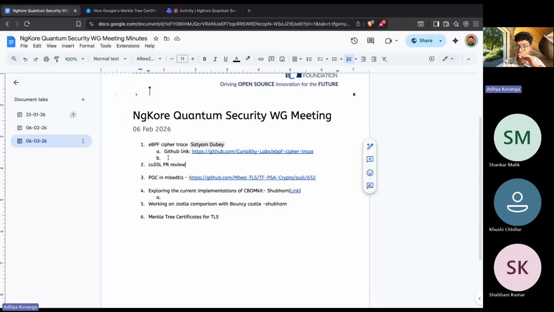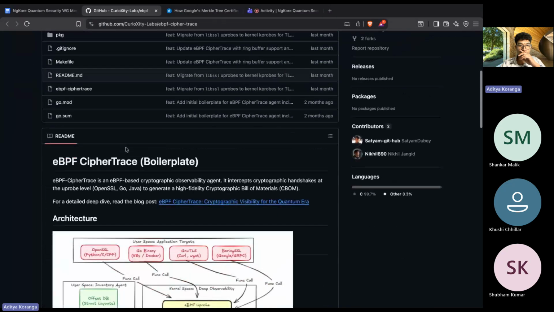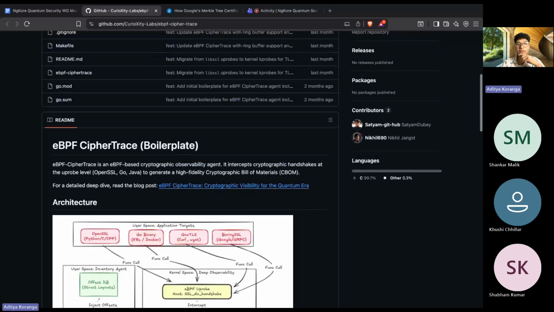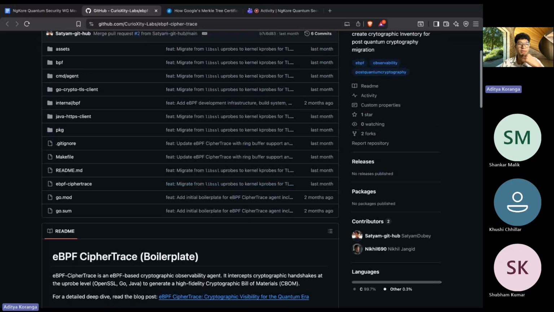For eBPF cipher trace, I had a discussion with Satyam offline regarding this, and I think most of the work is done. The main work right now is writing some code around cipher suites. I think they are able to trace the TLS, but they are having some issue extracting the cipher suite information.